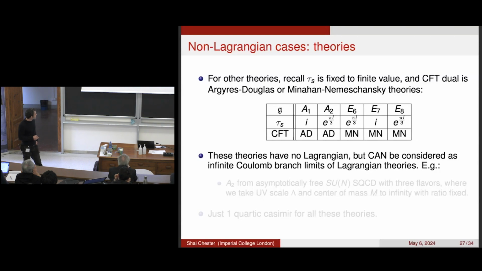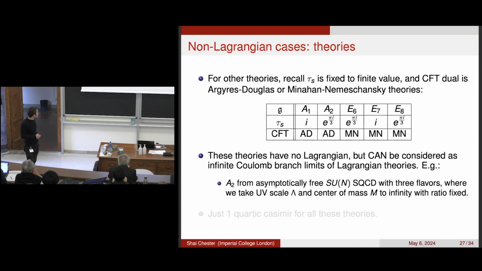Even though these theories have no Lagrangian, they can be considered as the infinite Coulomb branch limit of Lagrangian theories, which is in fact how these theories were discovered in the first place. For instance, for this A2 theory, you could construct it by starting with SU(N) SQCD with 3 flavors, which is an asymptotically free theory.